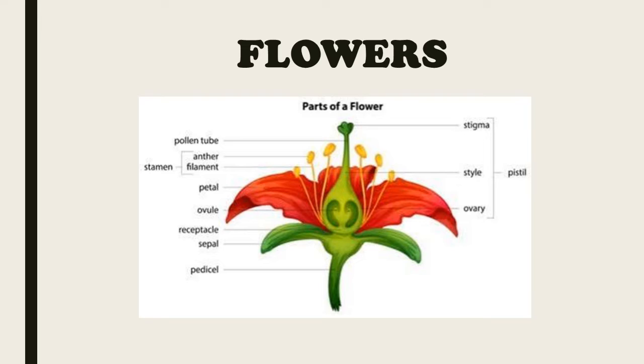Next one is filament. Filament is a slender thread-like object which functions by supporting the anther. Stamen is the male reproductive organ of the flowering plant.